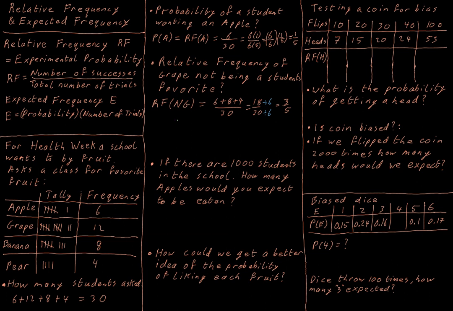Now, there is another way to look at this question, and it's important that we think about it. If we think about our people who did not want grapes, if we think about all of our 30 students together, if we had the number of students who do not like grapes best plus the number of students who do like grapes best, that has to add up to 30.